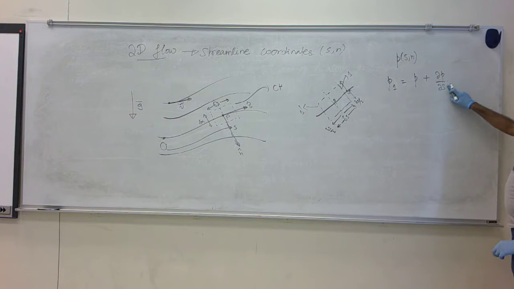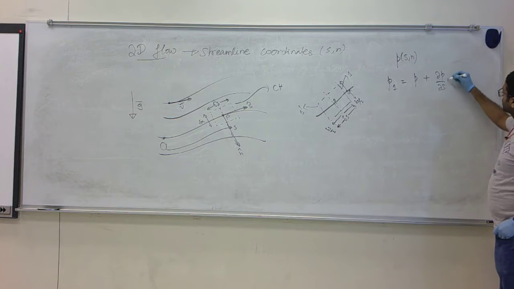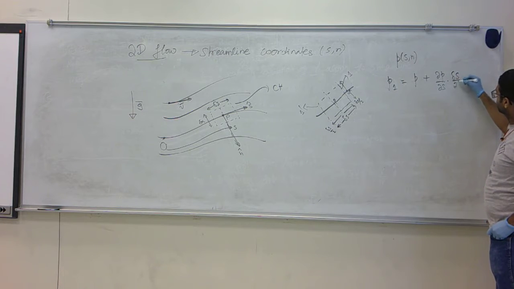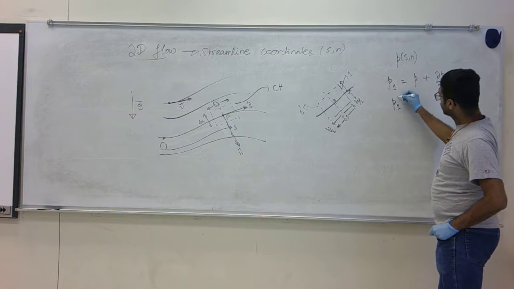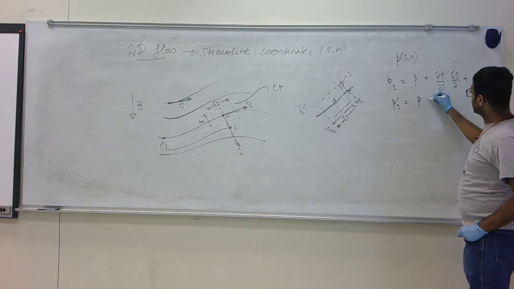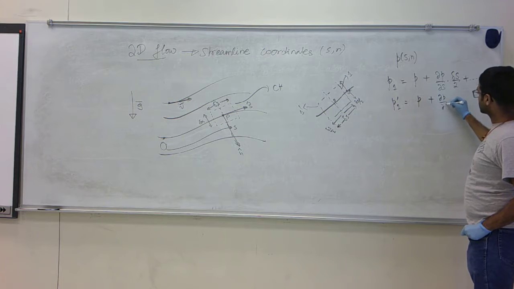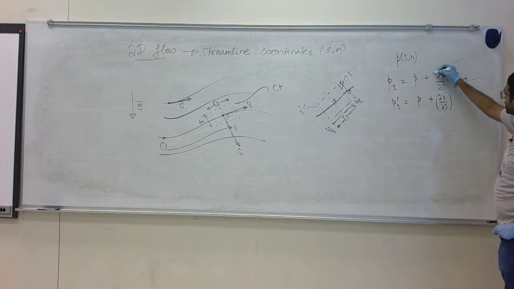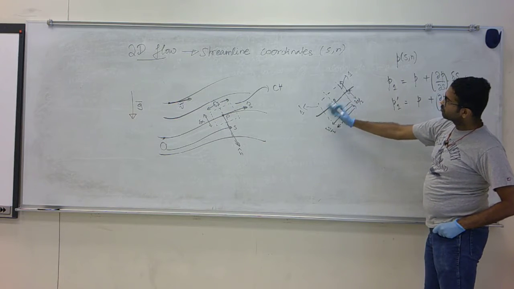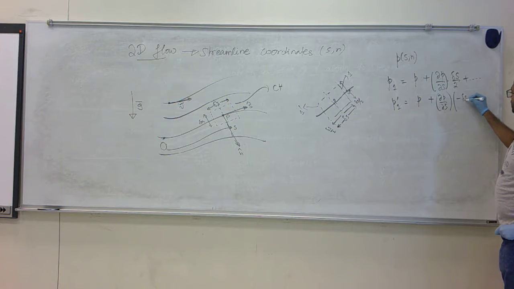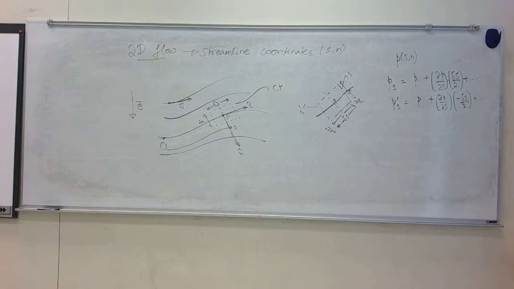So I have partial p over partial s times delta s over 2, plus higher order terms, and the pressure on face 1 dash is the pressure at P plus partial p over partial s times this point here, 1 dash is behind P, so I am going to say minus delta s over 2.